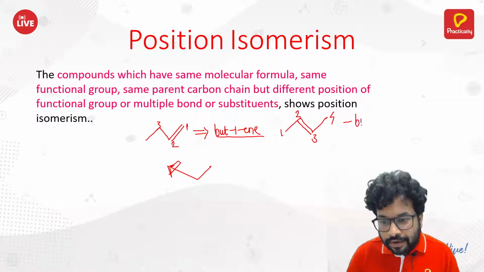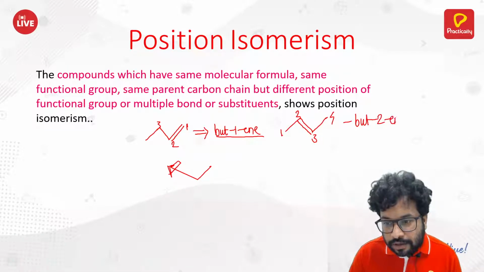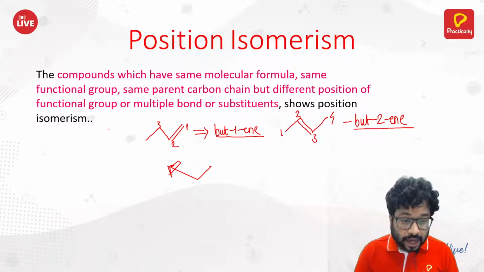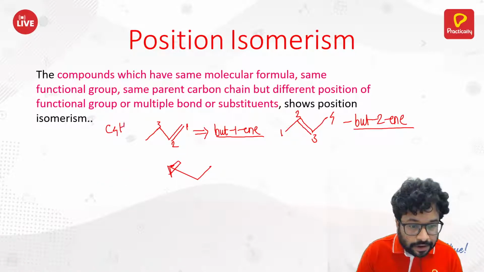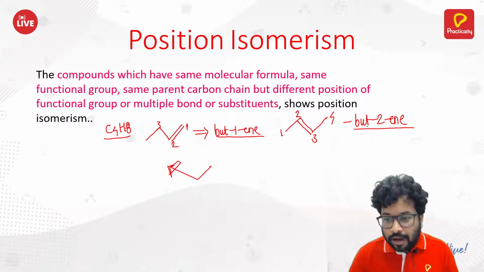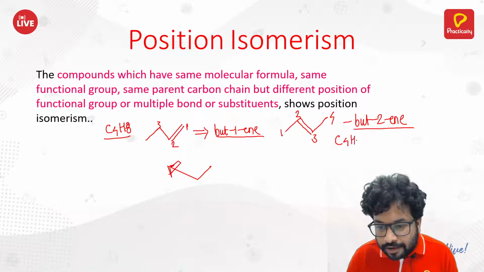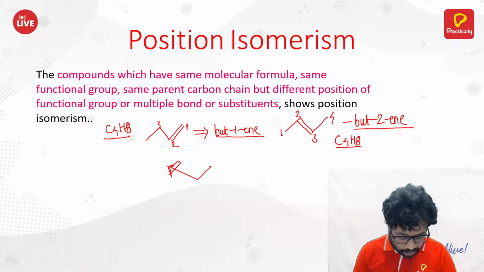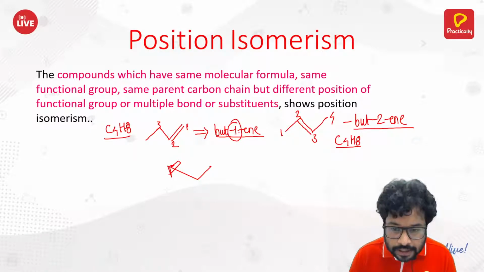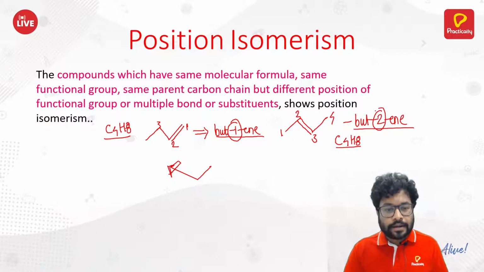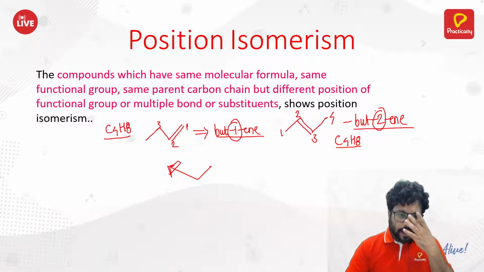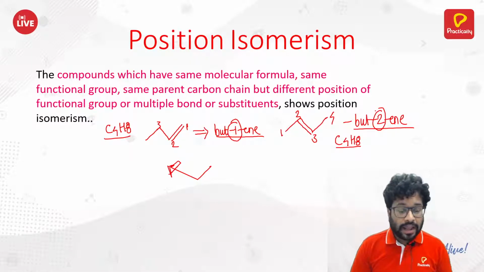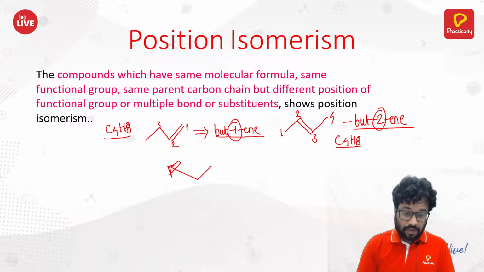The name would be but-2-ene. It will be butene, isn't it? Now, if you look at the number of carbon atoms here, how many of them? C4H8. How many of them here? C4H8. But what is the position of the double bond? The position of the double bond here is first. The position of the double bond here is second, isn't it? So that is what position isomerism is all about. I'll give you so many examples apart from this. Let me show you now.